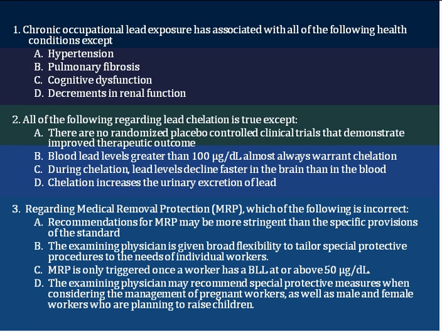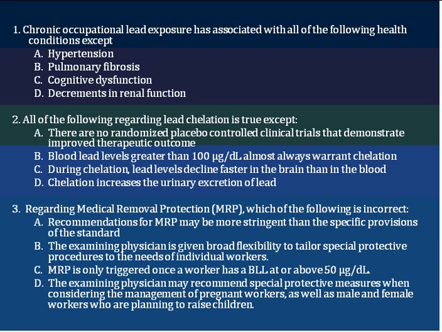Mike, are you able to do the second question? Sure. The second question reads, all of the following regarding lead chelation are true except: A, there are no randomized placebo-controlled clinical trials that demonstrate improved therapeutic outcomes. B, blood lead levels greater than 100 micrograms per deciliter almost always warrant chelation.